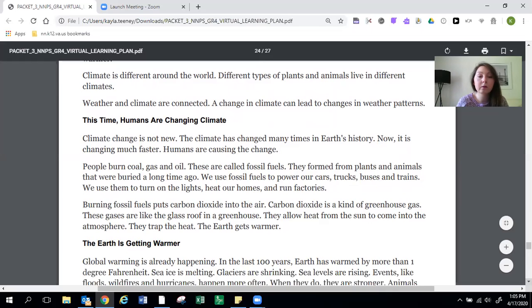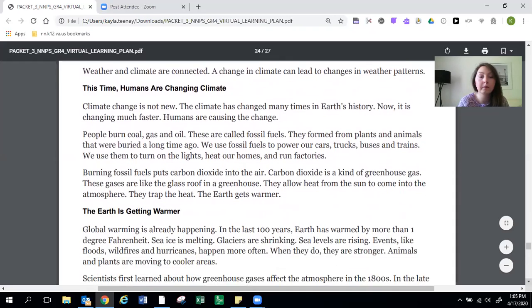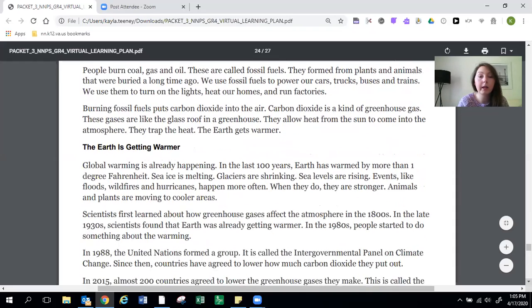Burning fossil fuels puts carbon dioxide into the air. Carbon dioxide is a kind of greenhouse gas. These gases are like the glass roof in a greenhouse. They allow heat from the sun to come into the atmosphere. They trap the heat. The Earth gets warmer. Global warming is already happening.